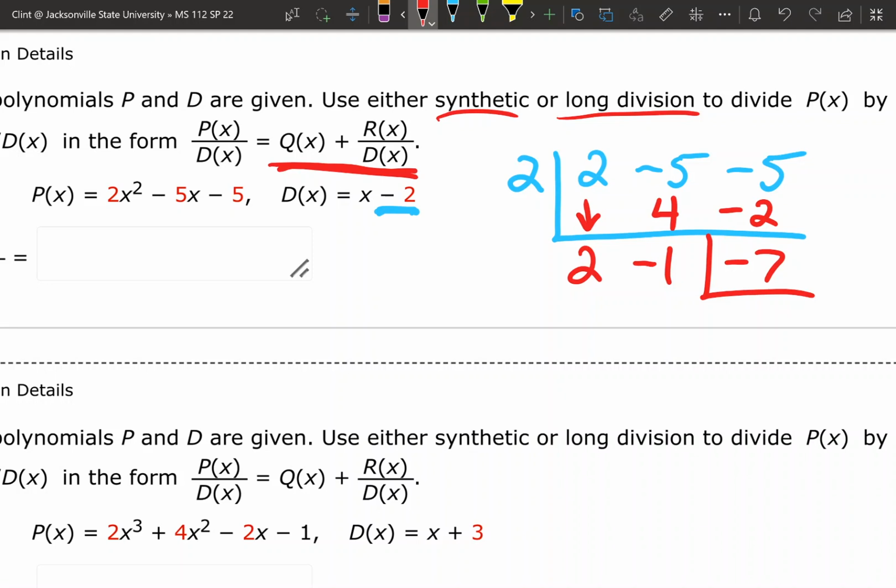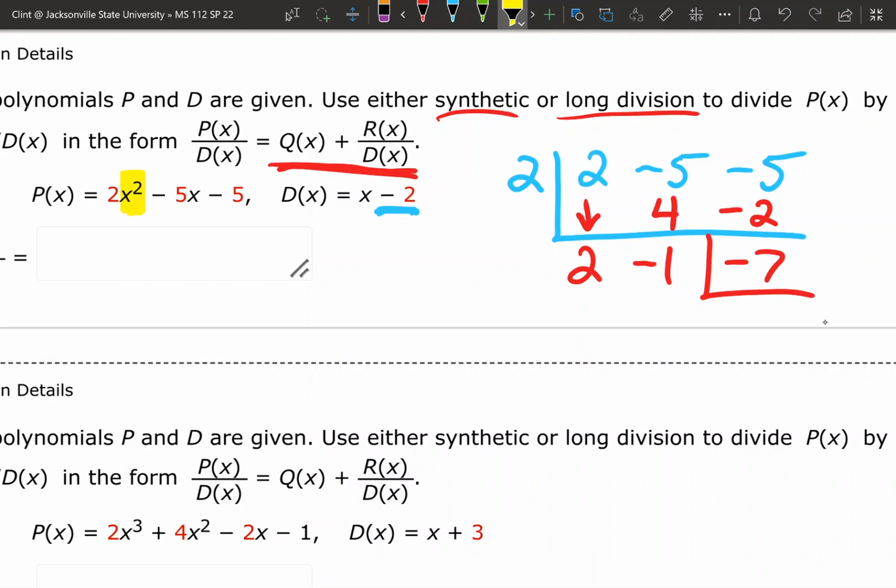So these numbers that we got are our coefficients for our answer. We just have to remember what power of x to start with. So we started with an x squared term. So what power of x is our answer going to start with? Do you remember? Just an x, yeah. So it goes down by 1.